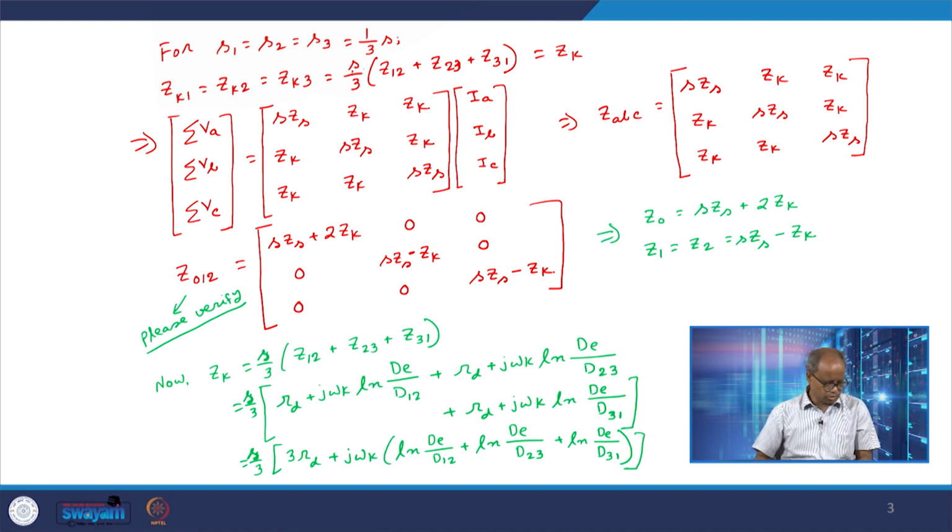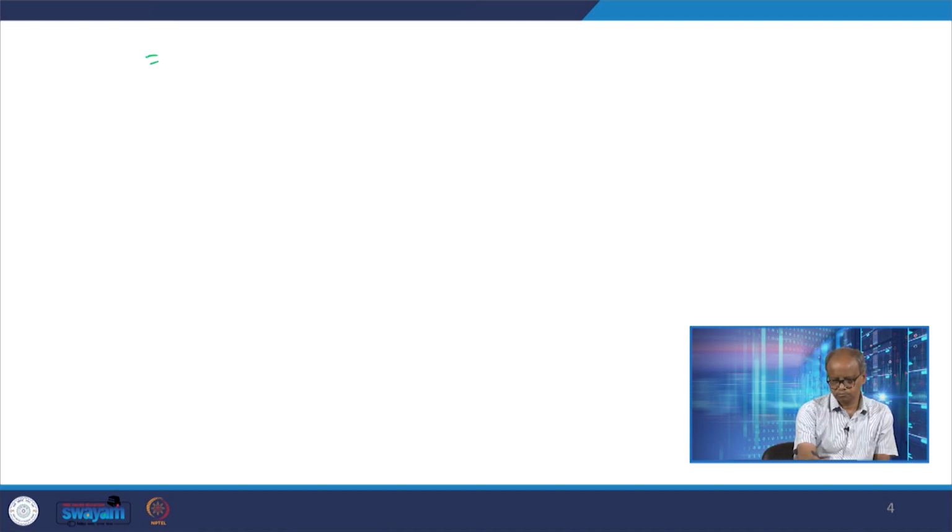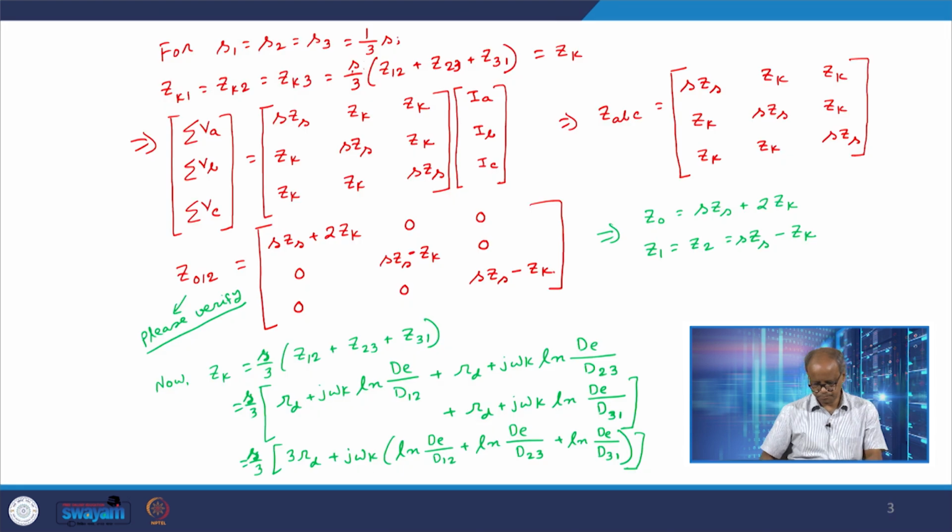So it is S by 3 into 3 Rd, so basically it will be S into Rd.